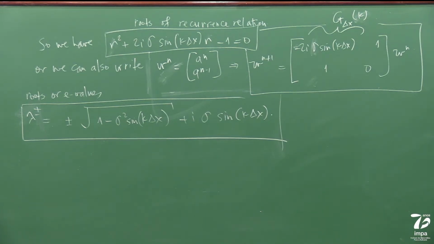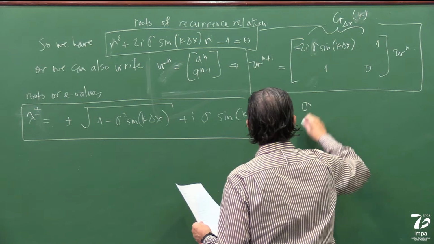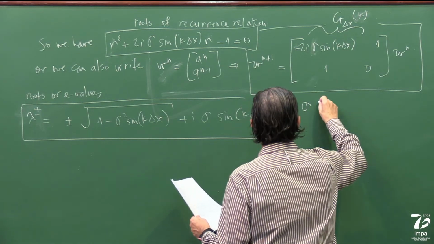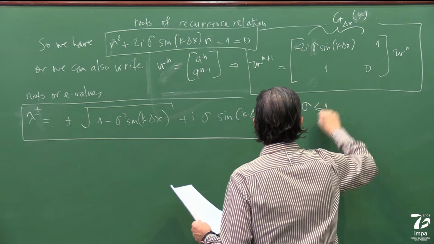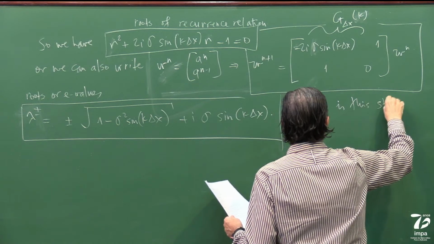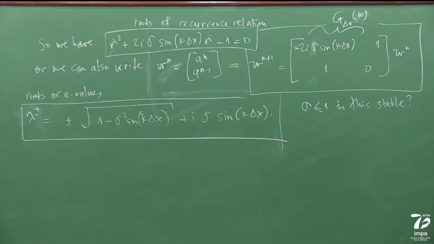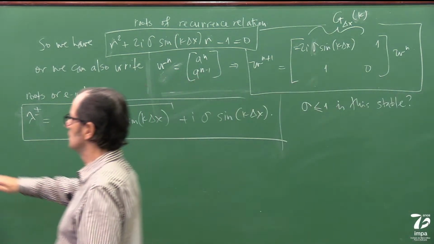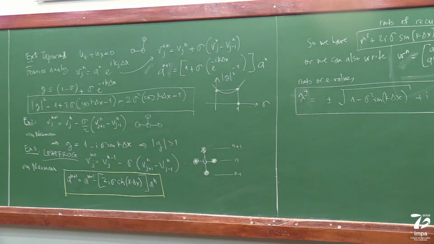Okay, so here we have the following. If sigma is less than or equal to 1, is this stable? That's a question. Just like we had for the other problem, if we had less than or equal to 1, we were okay for the wave equation.